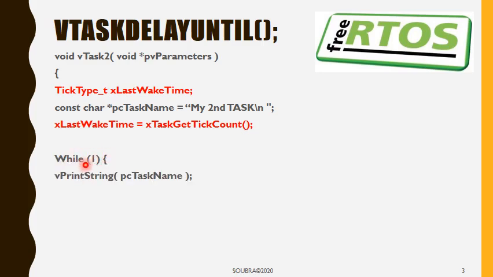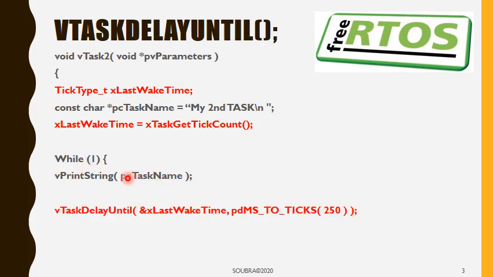So this is an infinite loop, and I'm trying to print out something, and then this is where I call the delay, with the reference to the timestamp that I have initialized here, and then the period of my task, which is 200 milliseconds, converted to ticks using this system call. Fair enough. And this is how we define periodic tasks.